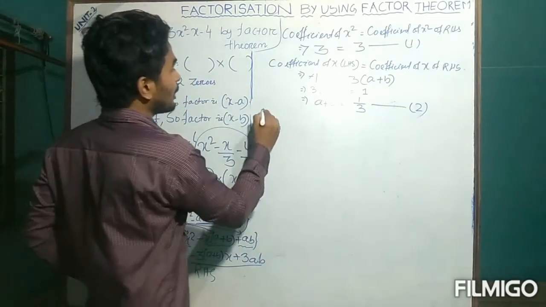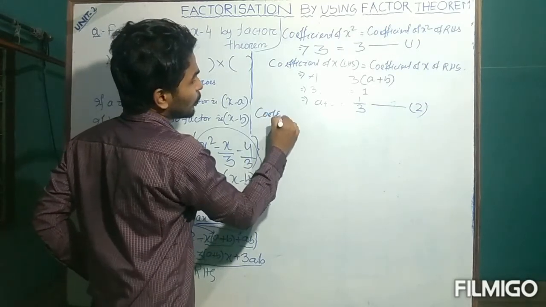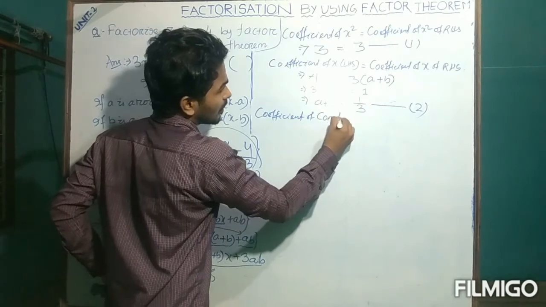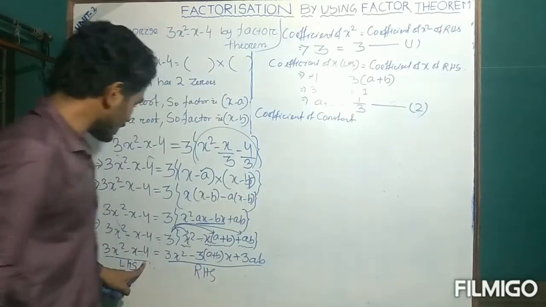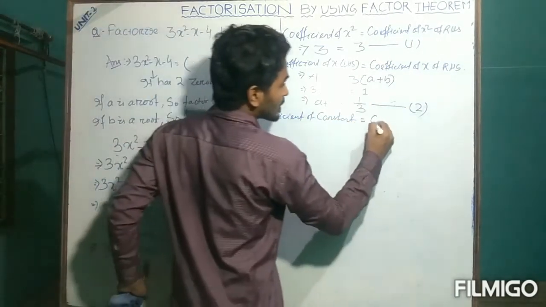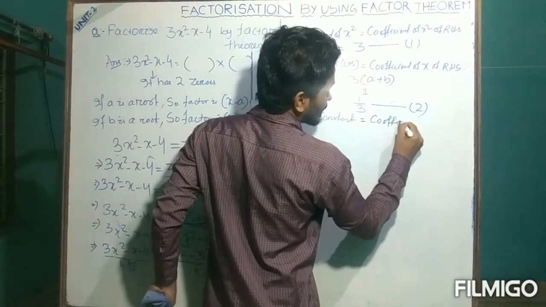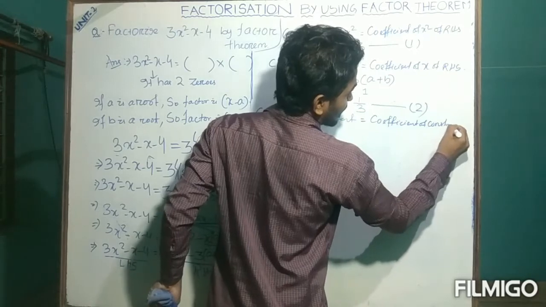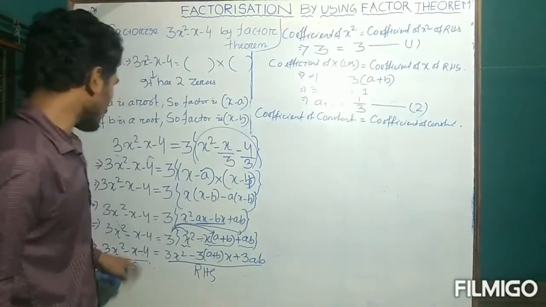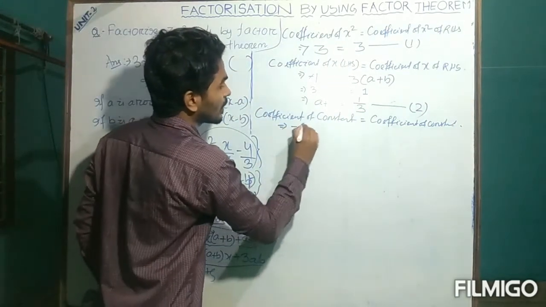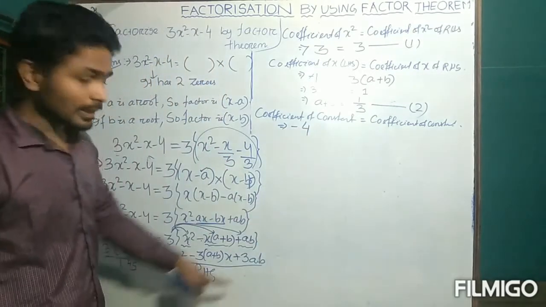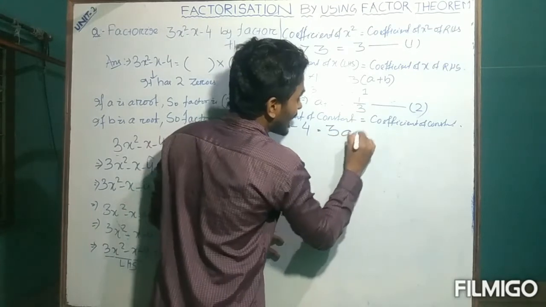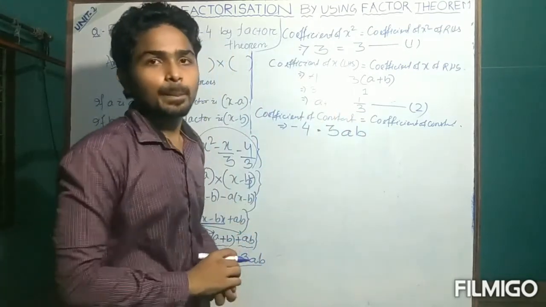Now compare the constant part with the constant of RHS. In the LHS the constant is -4. In the RHS the constant is 3ab.